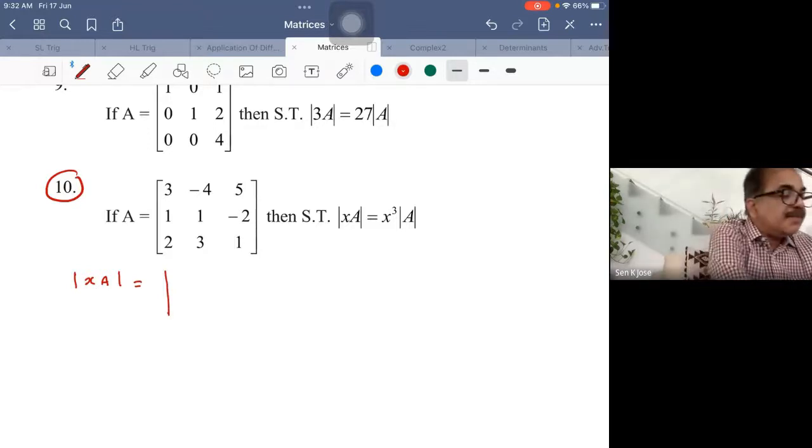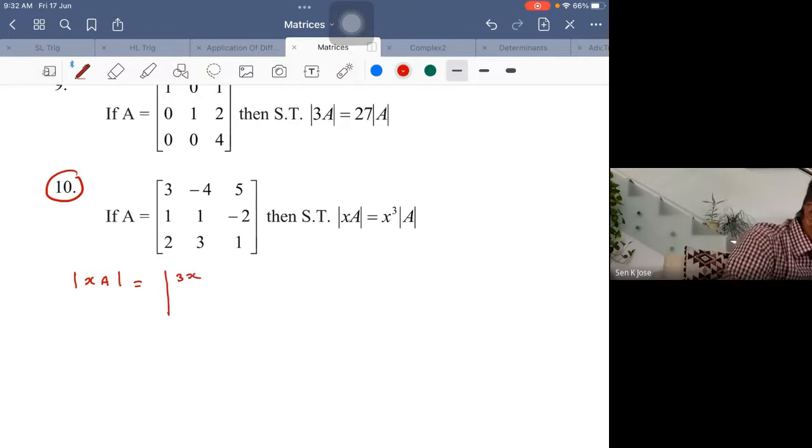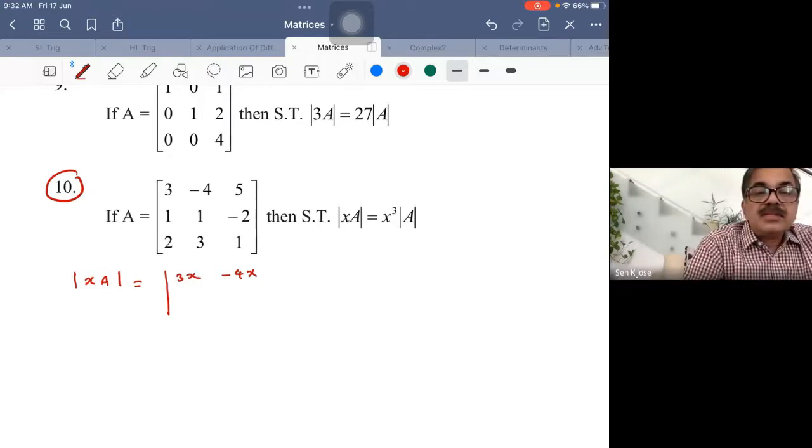To multiply a matrix by x, x times A, I multiply every single element of A by x. So it's going to be 3x, minus 4x, 5x.